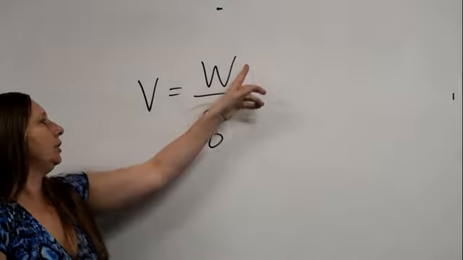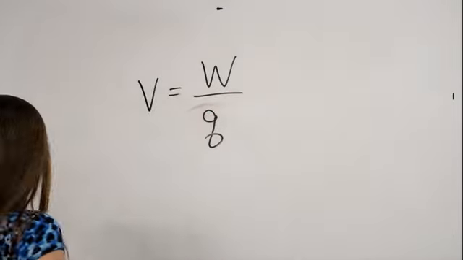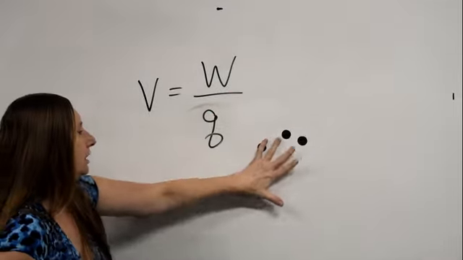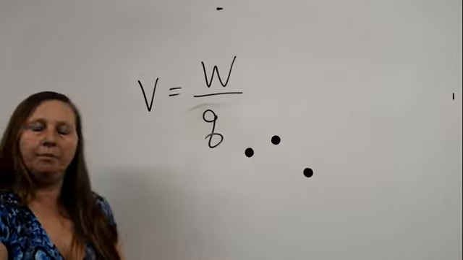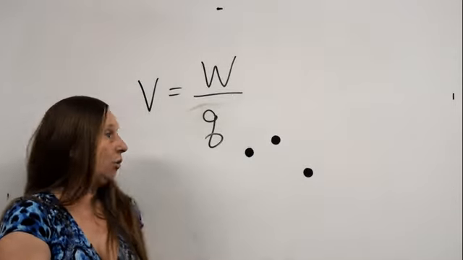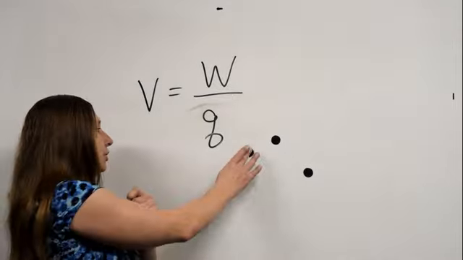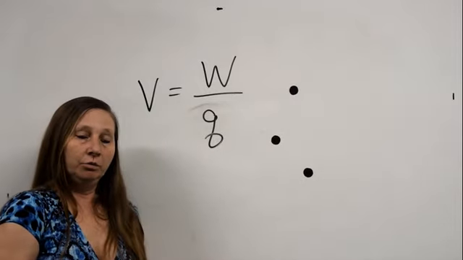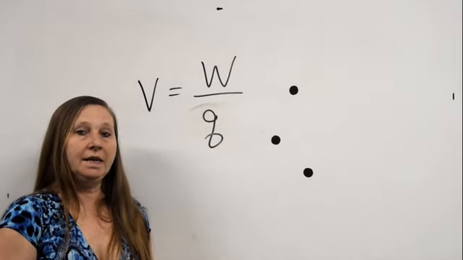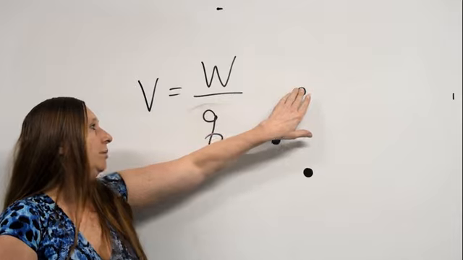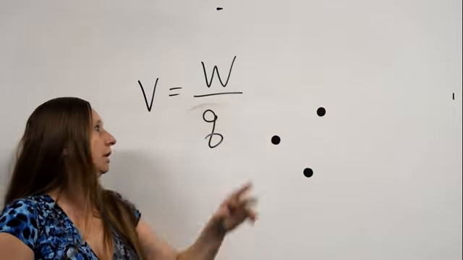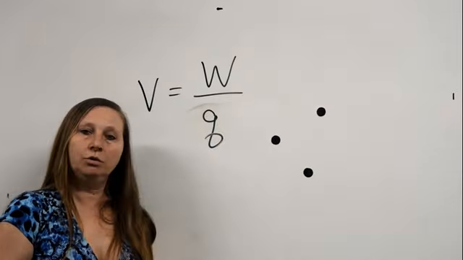How much energy per coulomb? If each of these little dots represents a coulomb, if you have 6 volts, then this coulomb, which is really 6.25 times 10 to the 18th electrons, has 6 joules. 6 joules per each coulomb.